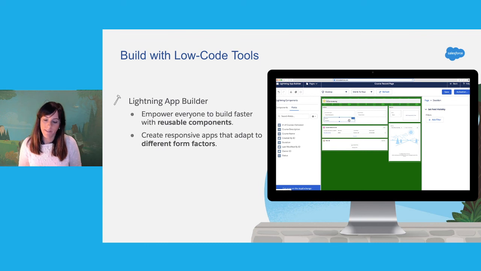And the other big benefit of building Lightning pages with App Builder, and in general with all the Lightning Experience declarative features, is that we have designed them thinking of mobile.